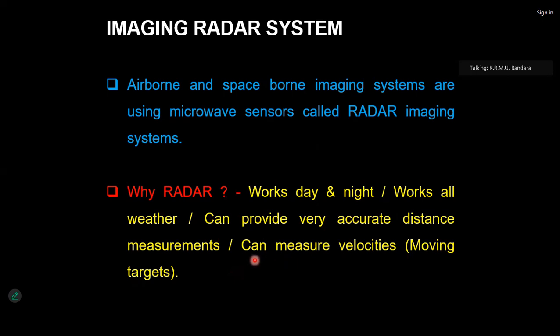Not only the radar system, we can use radar interferometric techniques to find out the earth movement. Okay, this is the application, and this is the advantage of using the radar system. You can remember that there are 2 kinds of system in imaging radar: one is airborne, the other is spaceborne.